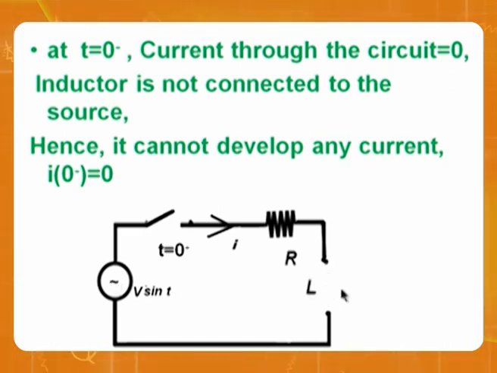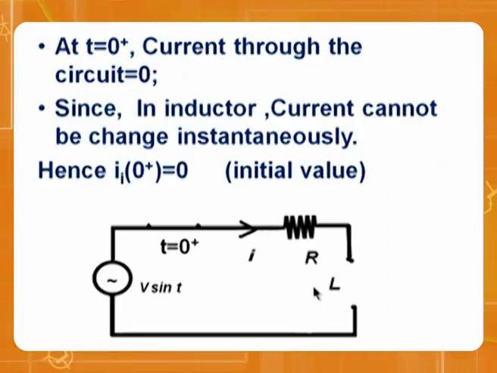When an inductor is not connected to supply, it cannot develop any current. So no current is developed by the inductor, so I kept it open circuit. Therefore effectively current at this level is 0. Why the current is 0? Because switch is open as well as inductor is open.